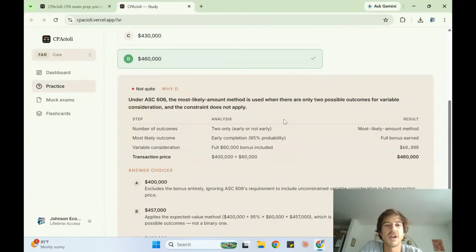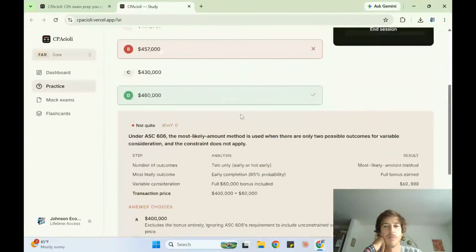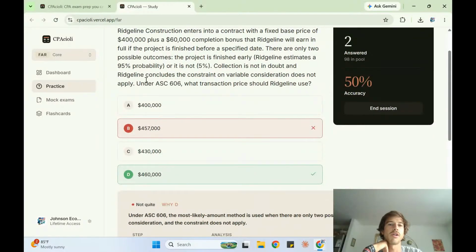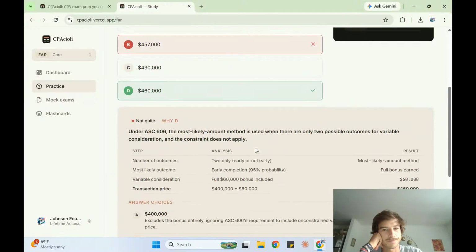Okay, so the most likely amount method is used when there are only 2 possible outcomes. I was wondering why that would be used. So there are 2 possible outcomes, 95% and then the 5%.